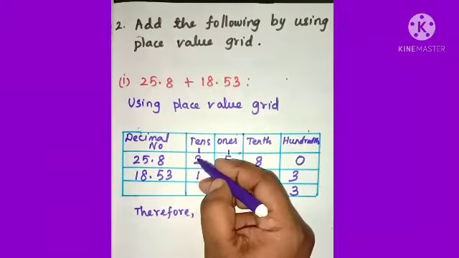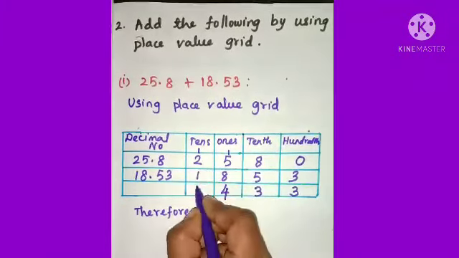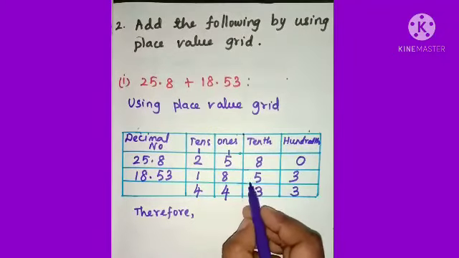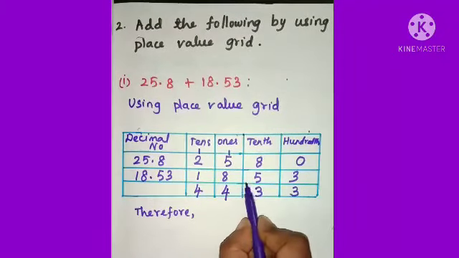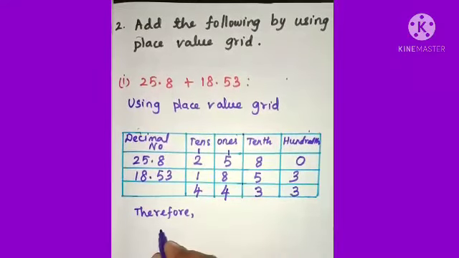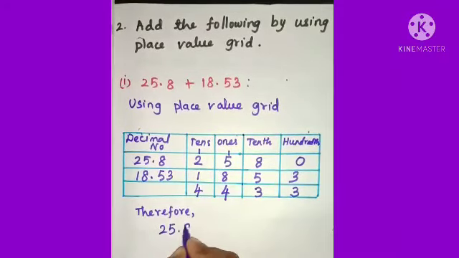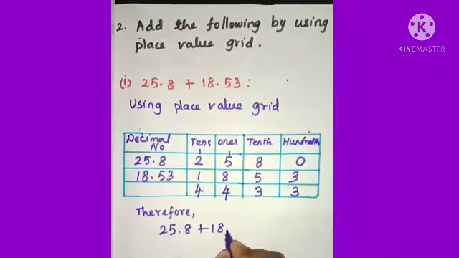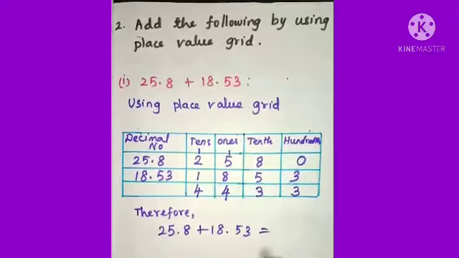So 1 plus 2 is 3, 3 plus 1 is 4. We know that between the ones place and the tenths place there will be a decimal point. Therefore, when we add 25.8 plus 18.53, we get 44.33.